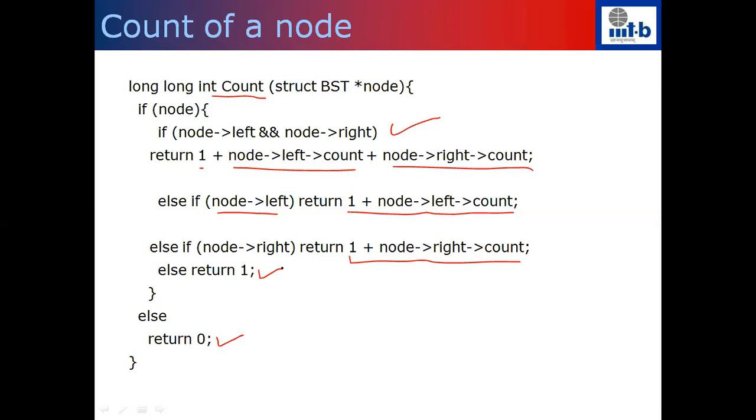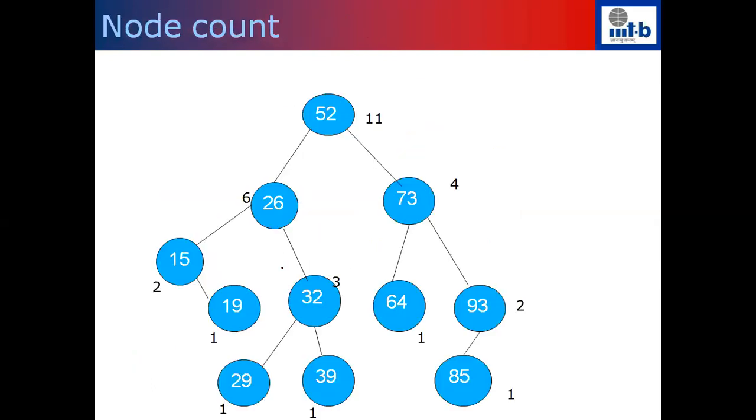That's why you call this function and update the values of x, y, and z. So once you know how to compute this number, the count of a node is the number of nodes in the subtree rooted there. This can be used to find the rank of a node.